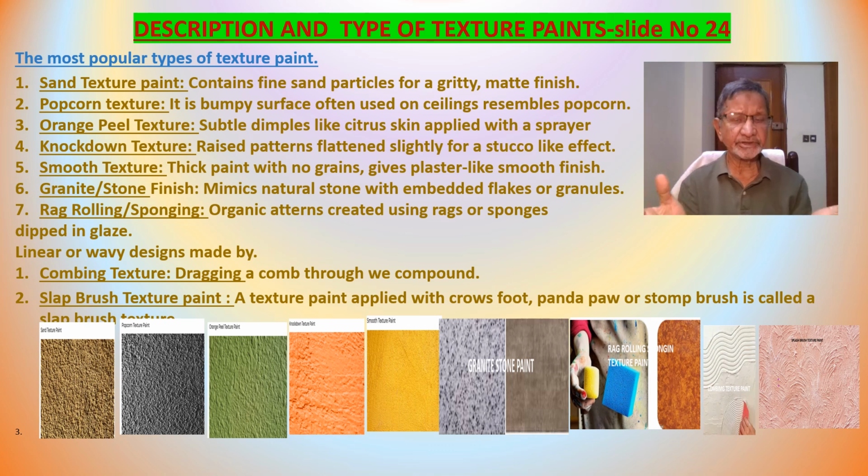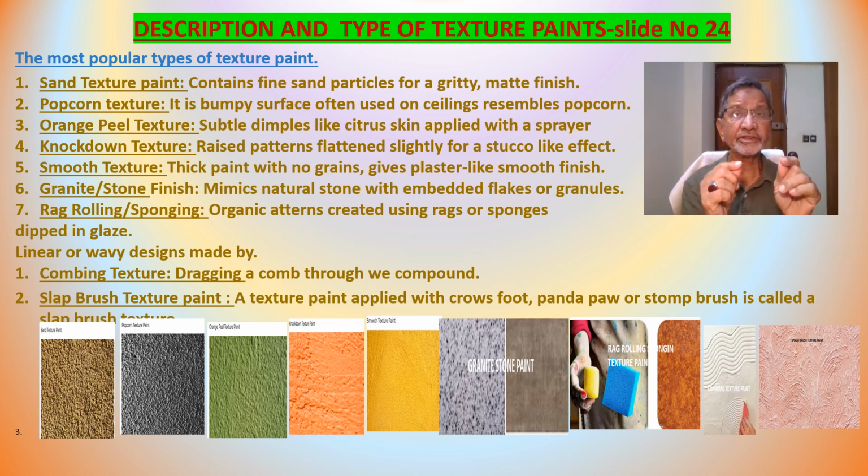Dear viewers, the engineers, you have to listen and you have to go through the pictures I have uploaded at the bottom of this slide. So in slide number 24 we are going to discuss the types of texture paint. There are different types of texture paint: the sand texture paint, the popcorn texture paint, the orange peel texture paint, knockdown texture paint, smooth texture paint, granite surface finish, and rag rolling sponging texture paint.